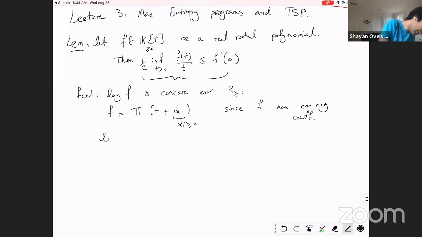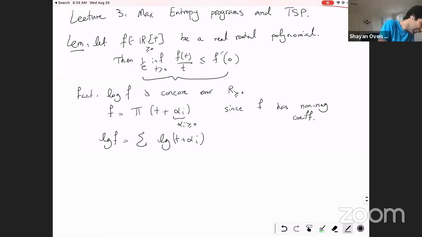Now, what is log of f? Log of f is equal to the summation of log of (t plus alpha_i). Now, one test to see if a function is concave is to take the second derivative. So here we do that.